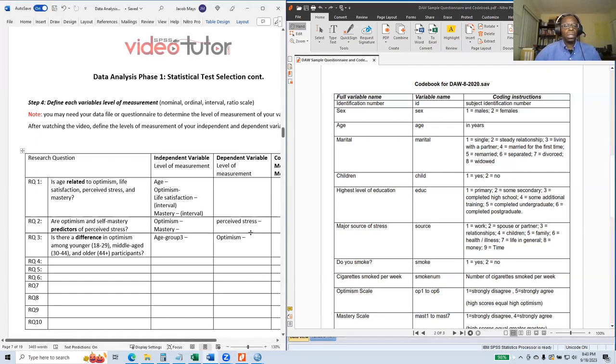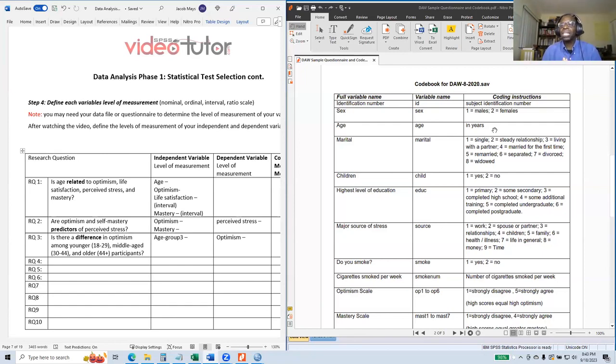So now we've got age. Age is measured in years, which is what we call a ratio variable. A ratio variable is a variable that is continuous and has an absolute zero. That means that if zero is relevant in this variable, it is the absence of the characteristic or the phenomenon.